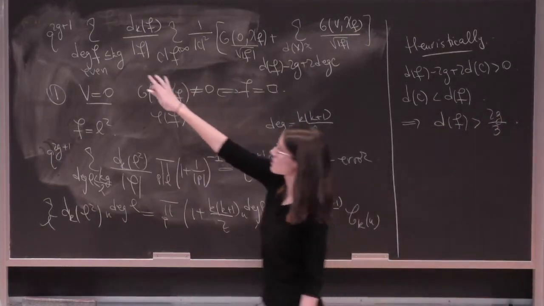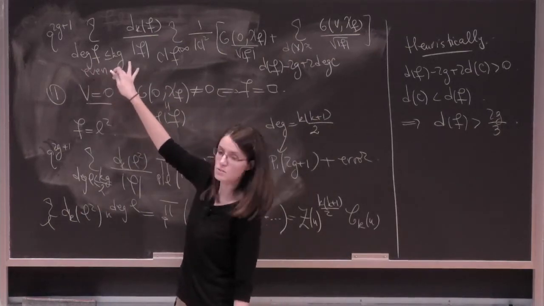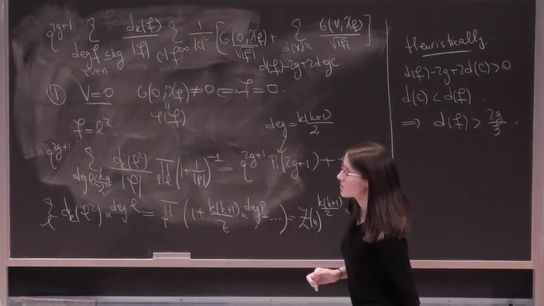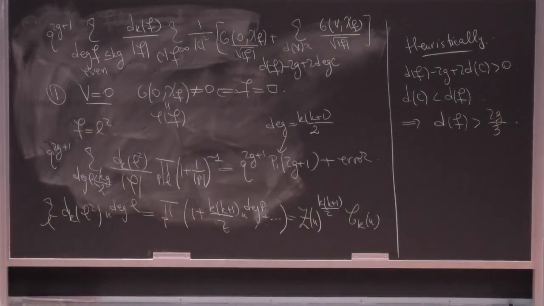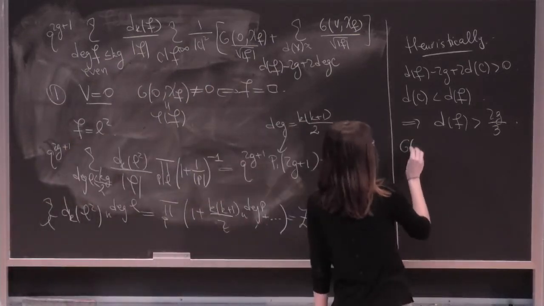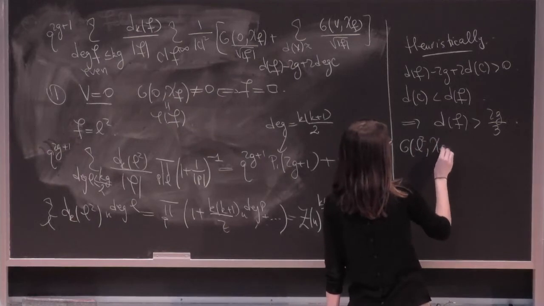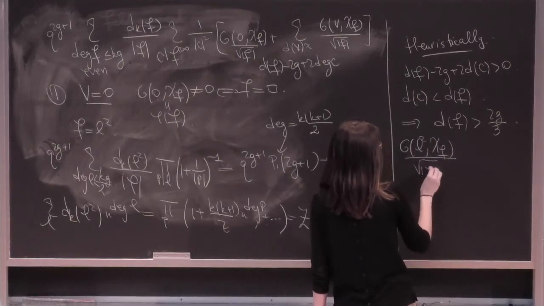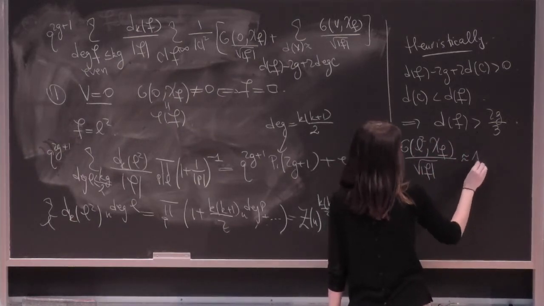And for the first moment, I'm summing over polynomials of degree up to g. On the other hand, in the Poisson summation formula over here, I actually lied a little bit. Here I have a difference. And I'm taking v square, and on average, L squared of chi_f over the square root of the norm of f is roughly 1.